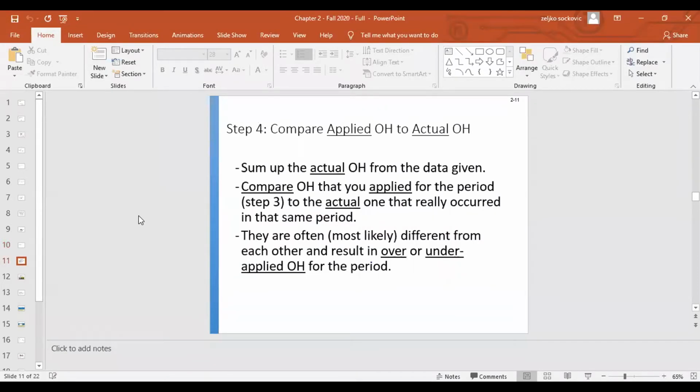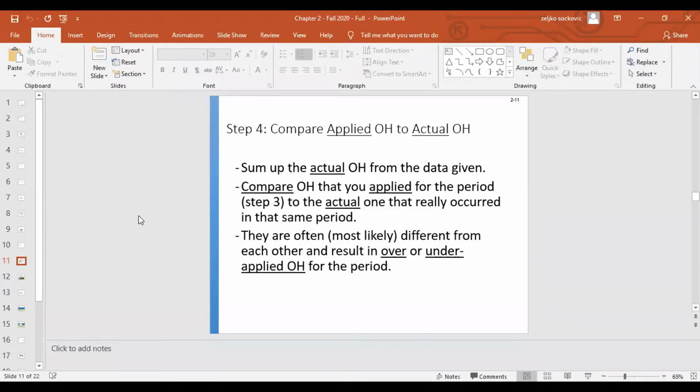And then finally in step 4, again, sometimes it's not even required, we compare the applied and actual. We will learn how to do this in a second. And then we get what is called over or under applied overhead for the period. What does this mean? Well, maybe we applied too much cost to our products, or maybe we applied too little cost to our products. That will depend. When we put applied and actual next to each other, we compare them and ask, what's the result?